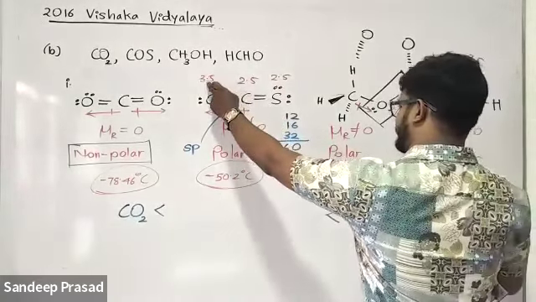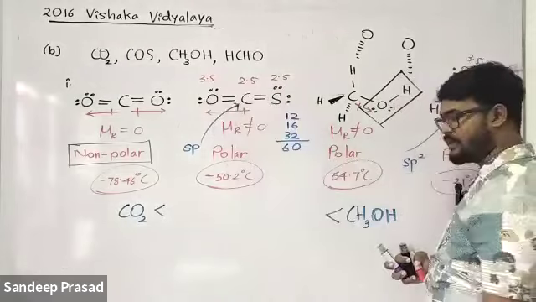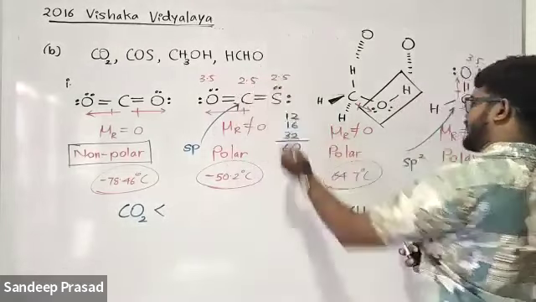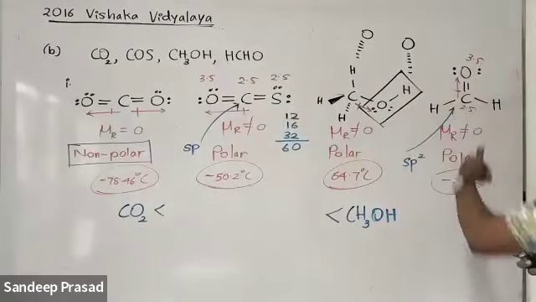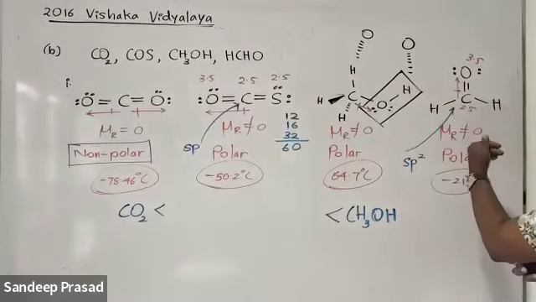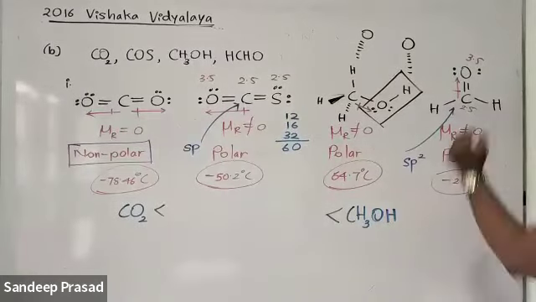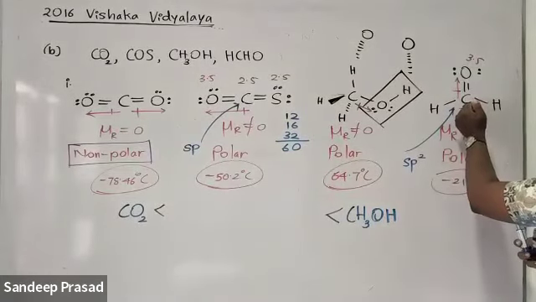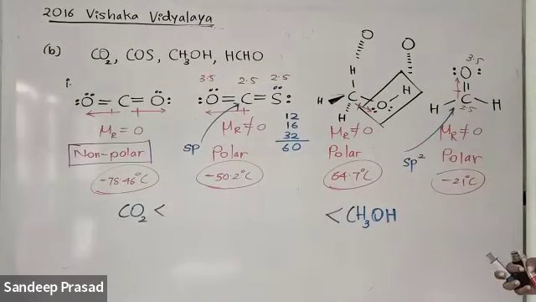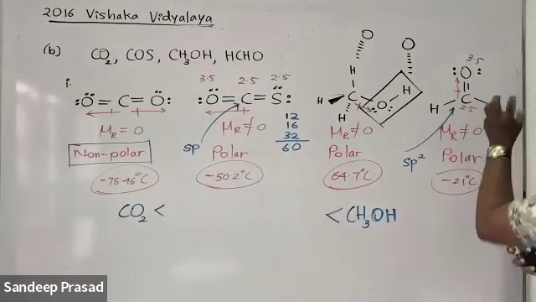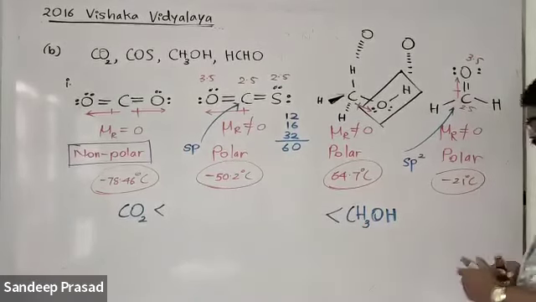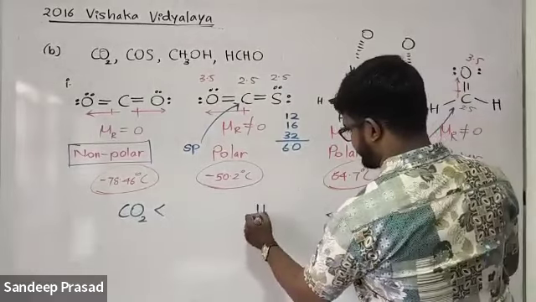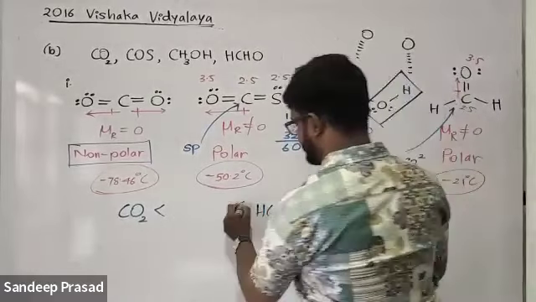We think 3.5 and 2.5 again, but this is increasing up to 2.61, and this is decreasing to 2.41. Then which one has the highest gap? In this molecule. Therefore, the highest polarity belongs to this molecule, the more polar molecule. So therefore, the highest boiling point goes to the methanol molecule rather than carbonyl sulfide.